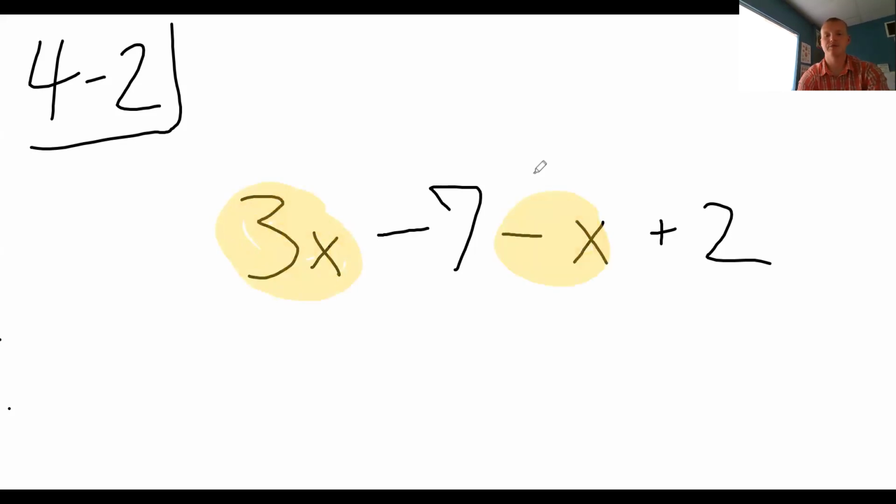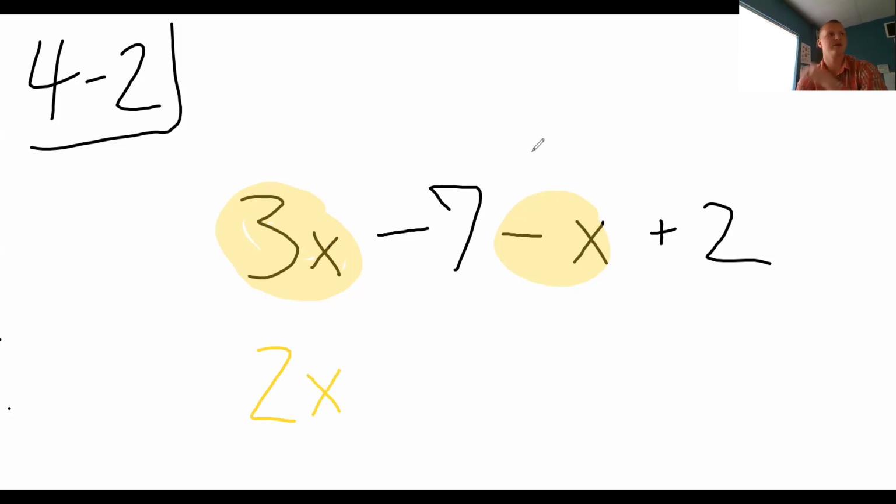When I combine those two, I'm going to have +3x minus x, which would be what, Logan? Yep, that would just be 2x.